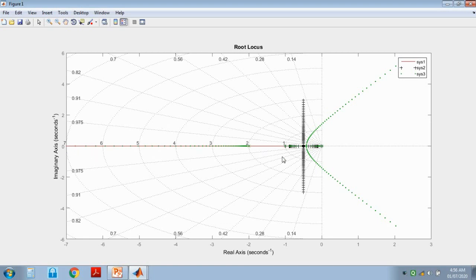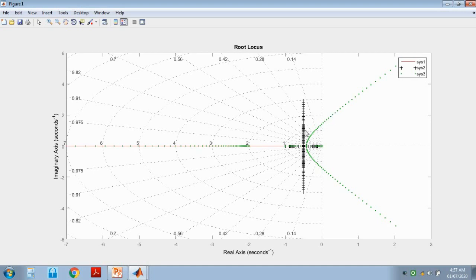The black graph says that the root locus is pulled towards the right hand side, nearer to the imaginary axis, and it is parallel to the imaginary axis as shown. The third root locus enters into the right half of the s plane. So the red is more away from the origin as compared to the black root locus, which is closer to the imaginary axis, and the blue root locus crosses the imaginary axis.